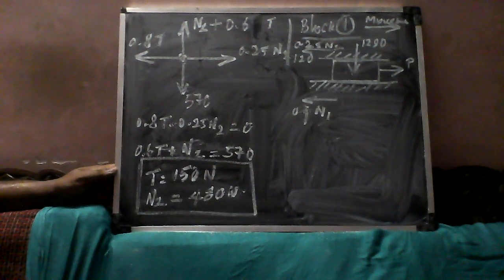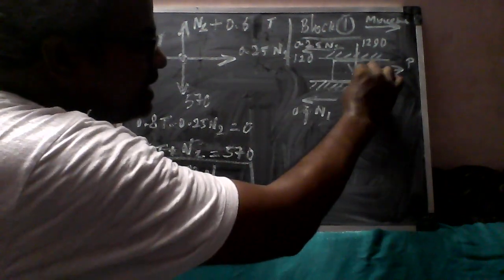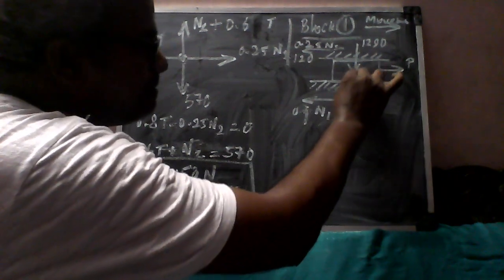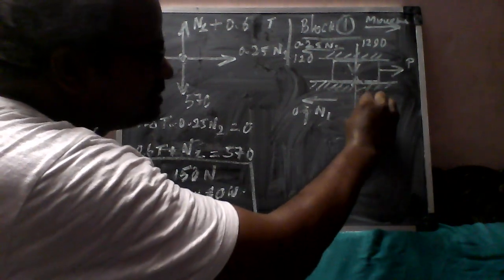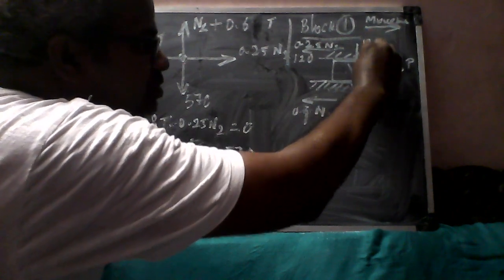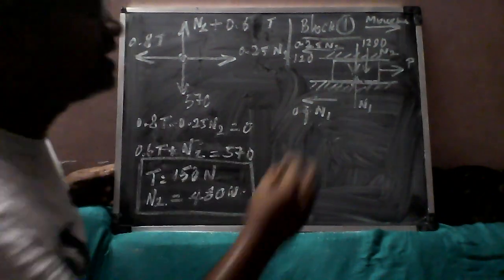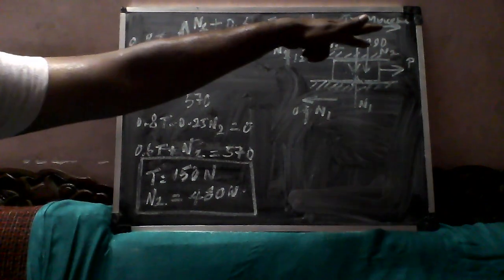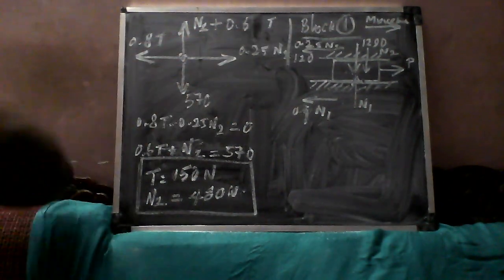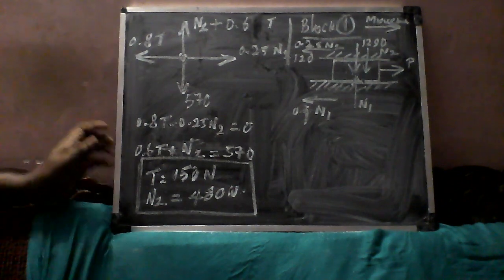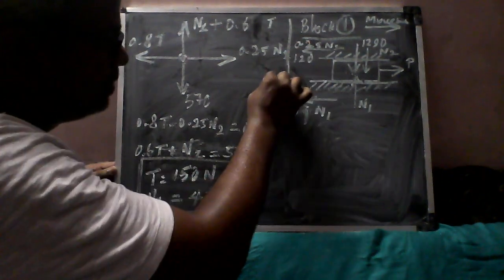Right? N1 we don't know. And there will be a reaction here, that is N1. Here there will be a reaction N2 due to the contact surface. That N2 we know is 480. So this is the block 1 setup.